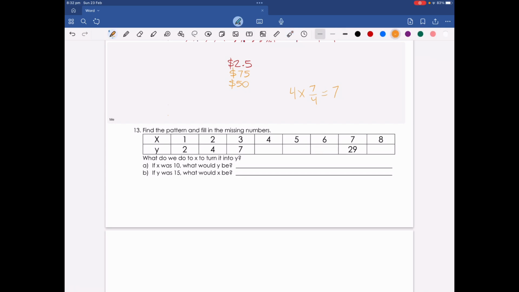Let me see. Maybe I just got a number wrong. 11 plus 5, 16. 16 plus 6 is 22. Now that is 24. And 24 plus 7 is 31. Give me a minute. I'm a bit stumped with this one.